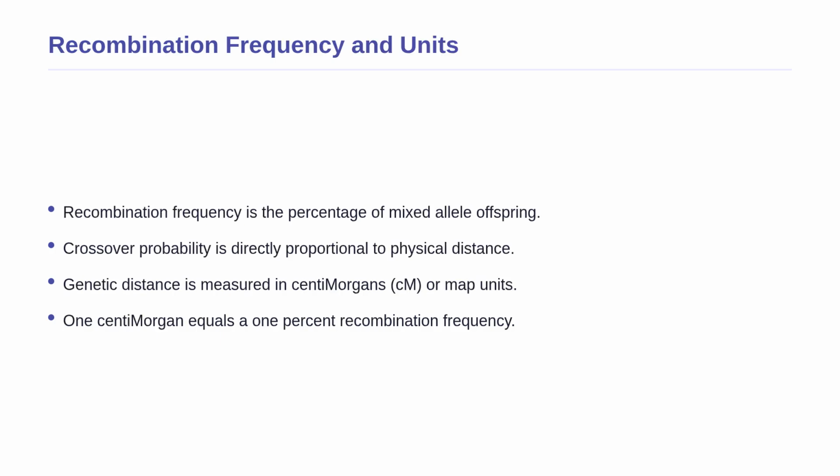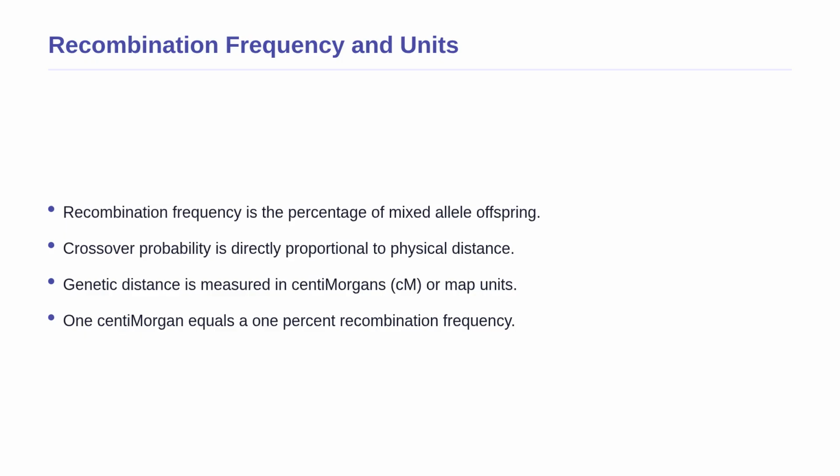Now that we know a linkage map uses recombination frequencies, let us define what that means. Recombination frequency is simply the percentage of offspring that inherit a new, mixed combination of alleles due to crossing over during meiosis.